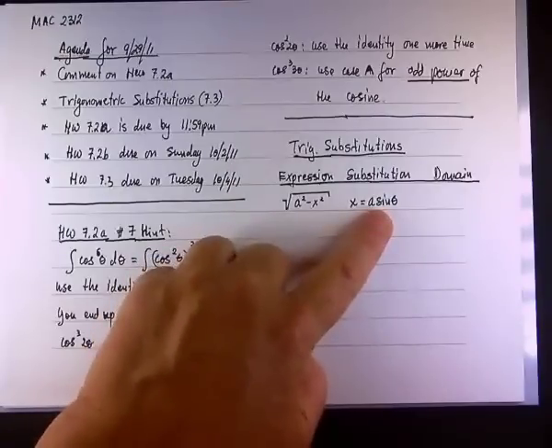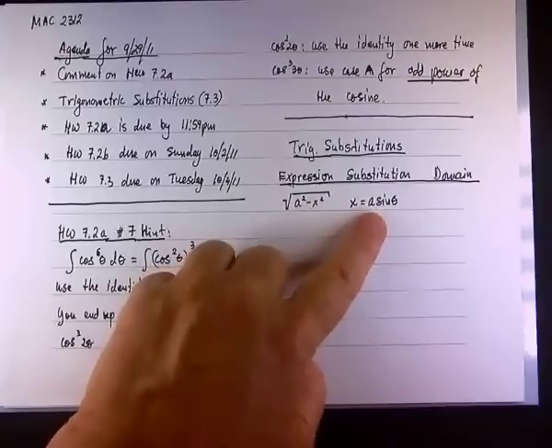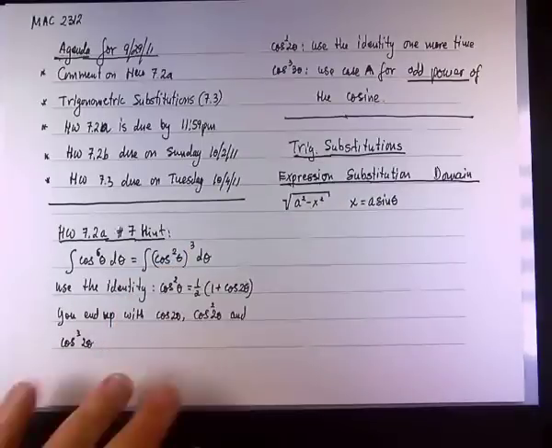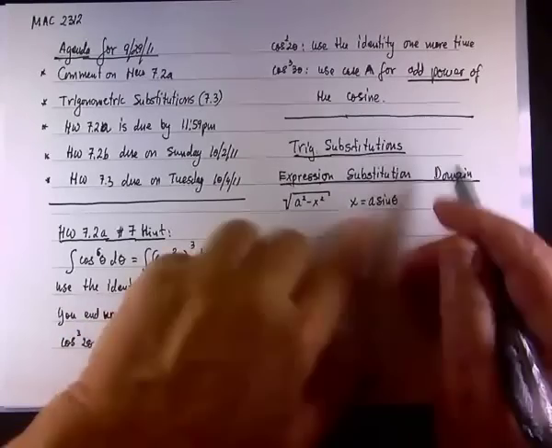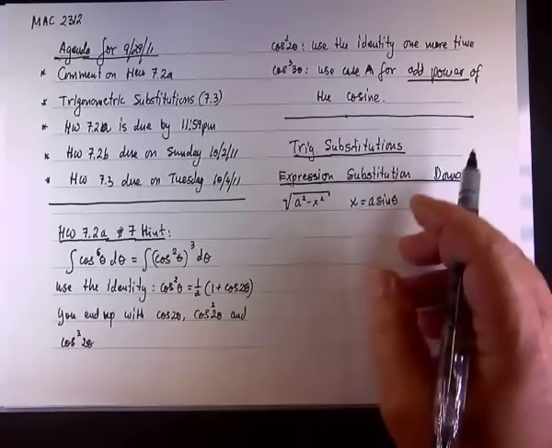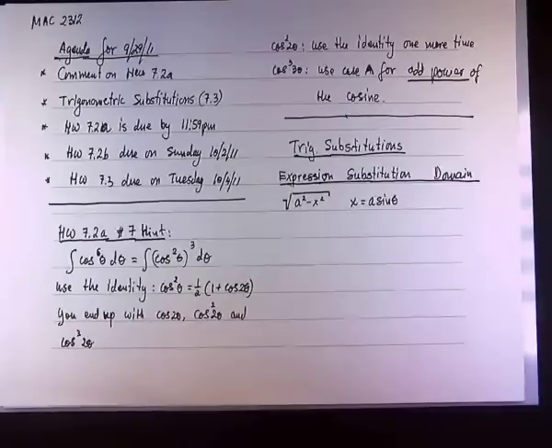Now, in the process of using this substitution, we'll have to do the inverse. We need to find the inverse of the sine if we want to solve for theta. The sine itself is not an invertible function, if you remember, because it fails the horizontal line test.